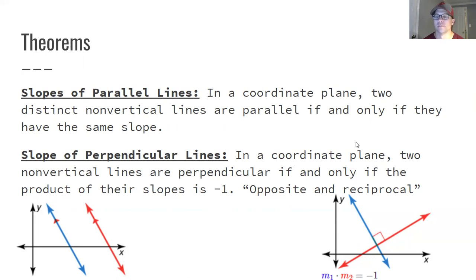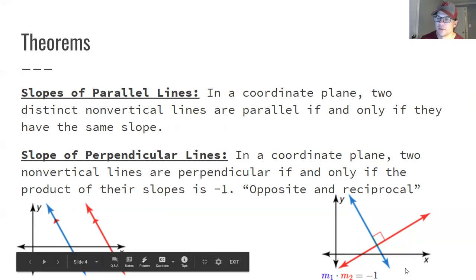If you imagine that this blue line has a negative slope, let's say -3/2, the red line would be a positive slope. That's the opposite, which means you change the sign. And the reciprocal means that you change the fraction. So if this blue line is -3/2, your red line would be 2/3. You just flip the fraction. What's on top now becomes the bottom, and vice versa.